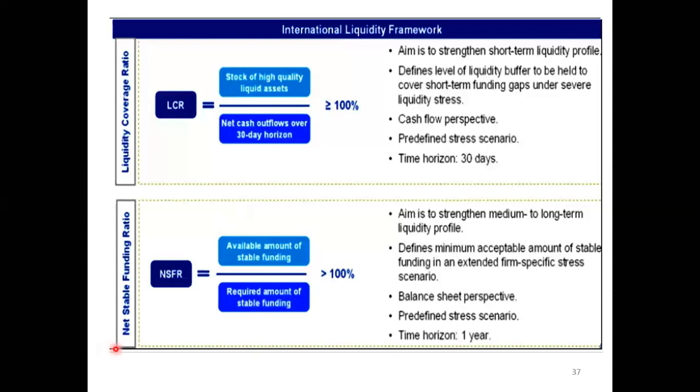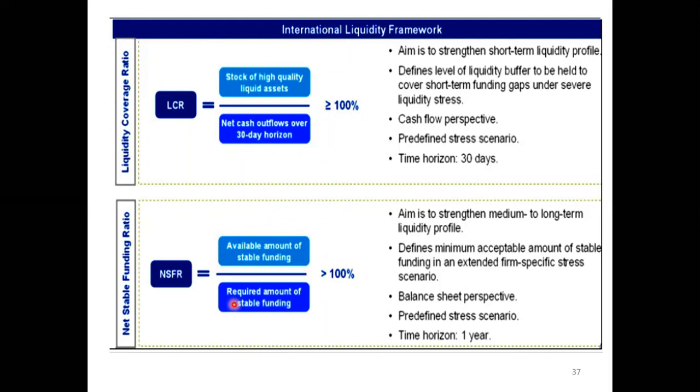Now we compare this with the net stable funding ratio. In the numerator we will have the available amount of stable funding. So it normally comprises equities, long-term liabilities, and stable deposits, and the required amount of stable funding.